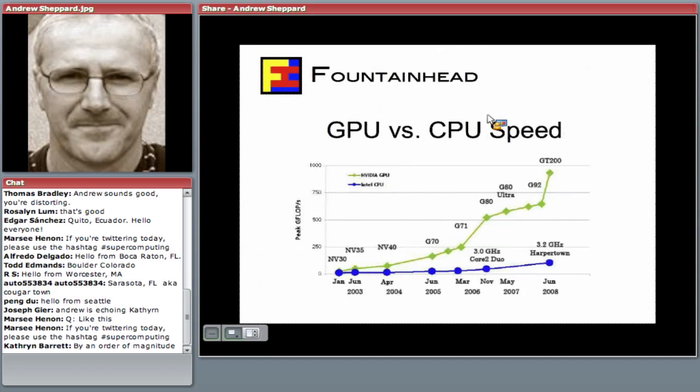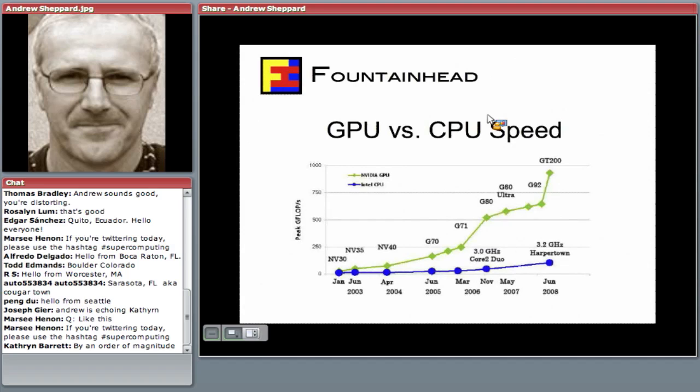So let's compare the speed of GPU versus CPU. This is specifically for floating point operations, compute-intensive number crunching. As you can see from the lower blue line, CPUs have made steady progress. They are getting faster. Clock rates are going up. But it's a gradual, steady improvement in terms of peak gigaflop output. And a gigaflop is a giga floating point operations per second.